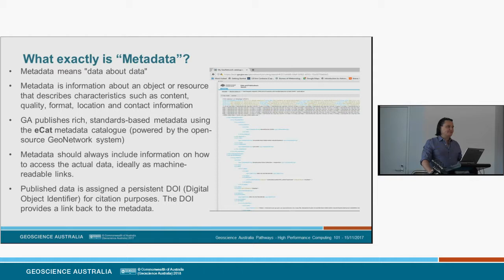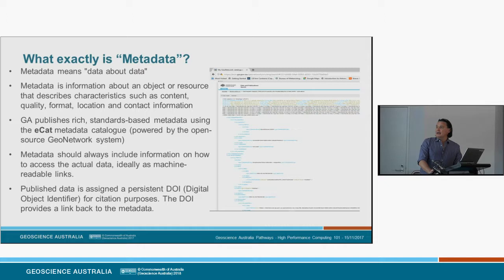Basically, instead of just having a file containing the data, we have information about that data, and that's very, very important to make the data useful, because people who are experts in a particular data set, they know what's in it. But other people wanting to use that data will need to know things as basic as what unit it's stored in.